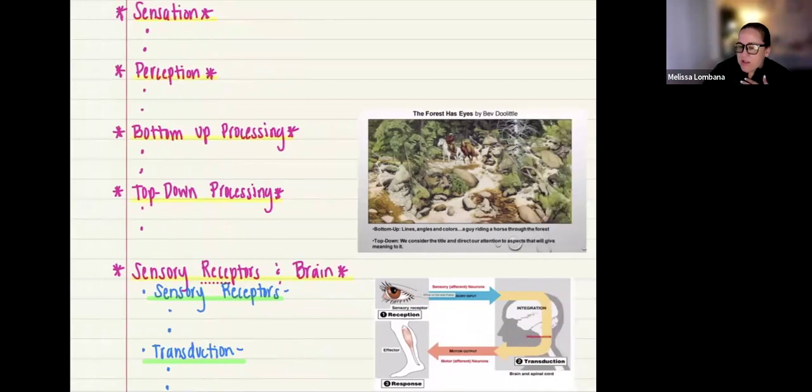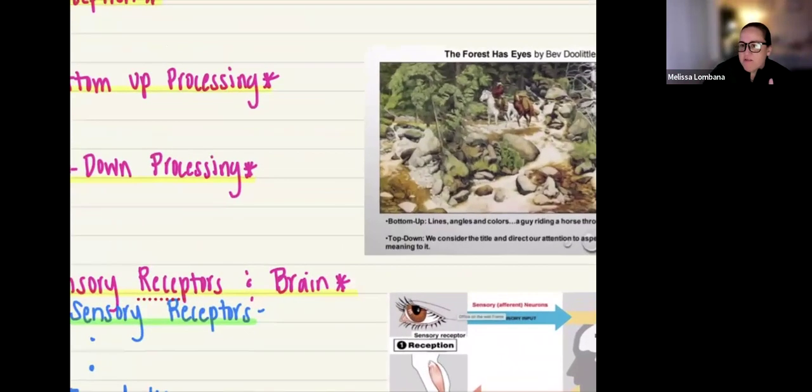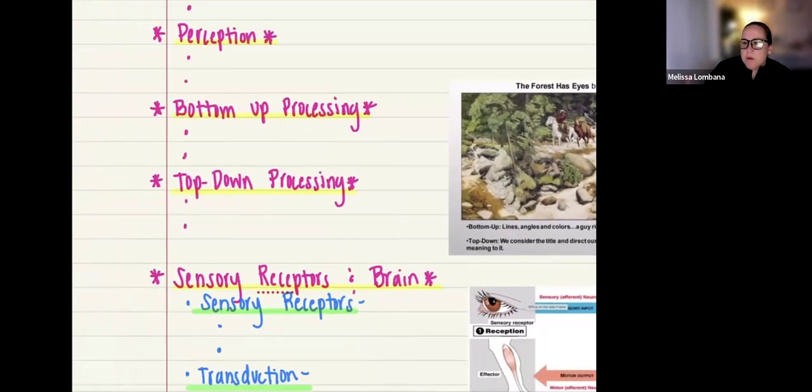For instance, for this picture here, if I tell you to use bottom-up processing and look at every little thing in detail, you're going to start seeing some trees, but if you look closely, you're going to start seeing faces in the rocks.